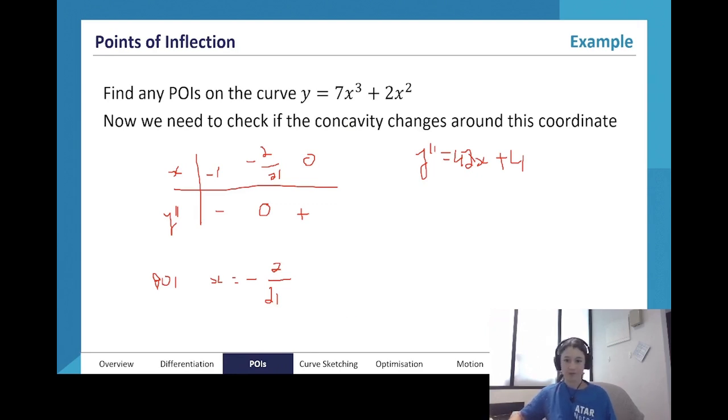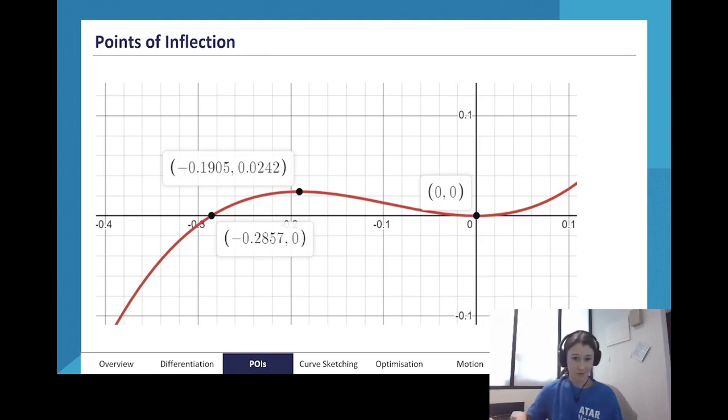Okay, this is just a quick photo of what that curve actually looks like at the interesting points. As you can see, our curve is concave down. Then at around the negative 0.1 mark, which is the approximate value of negative 2 on 21, there's this point of inflection, and now the curve is concave up.